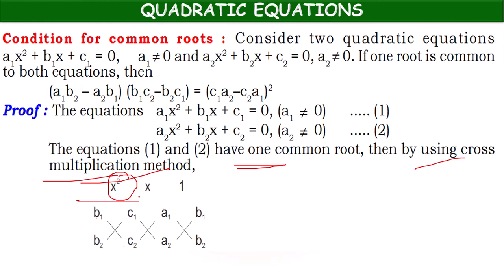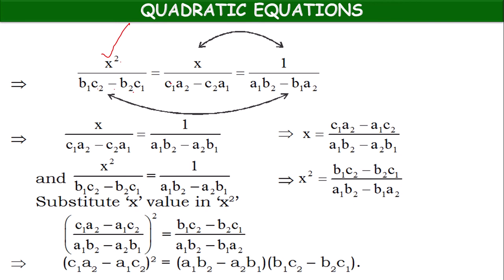In the same way, x/(c1a2 - c2a1) = 1/(a1b2 - b1a2). So this one equals this one equals this one. Like this we can write if they have one common root.